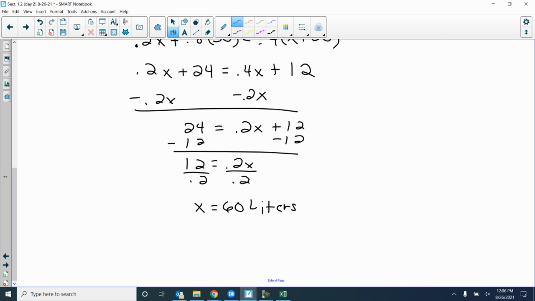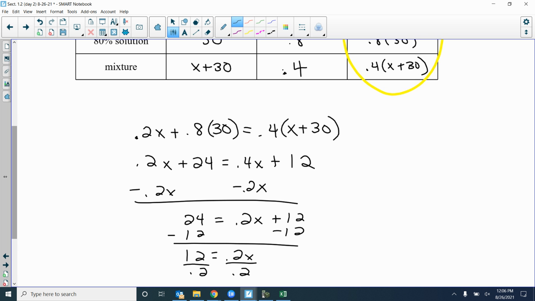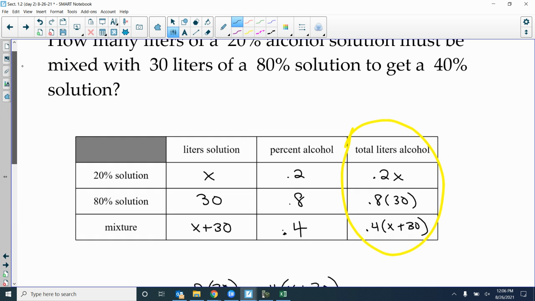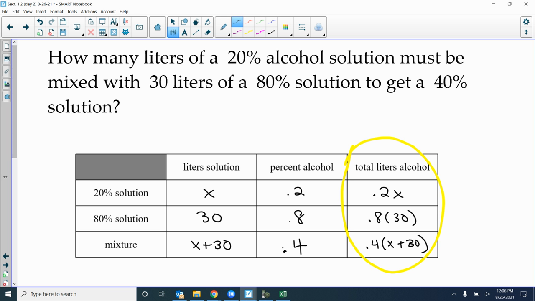To check this, you cannot just plug this back into the equation. Because if you had the wrong equation, it's going to work, but it doesn't mean it satisfies the situation. You got to go back up to the beginning to make sure everything works with 60 as the 20% solution.